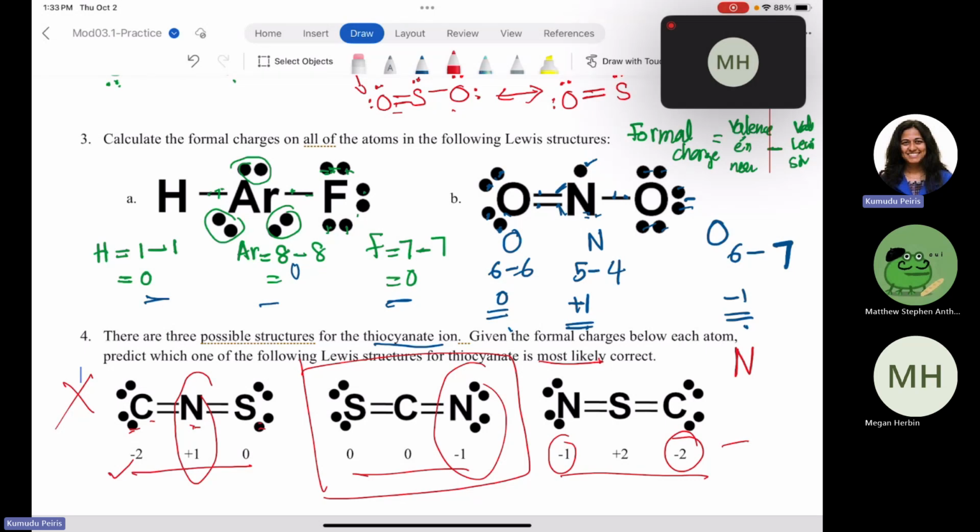That's wrong. But look at the structure we have chosen. The formal charge for sulfur is zero, the formal charge for the carbon is zero, but the most electronegative nitrogen only has minus 1. So those are the two reasons we use to choose the correct Lewis structure when we are given more than one Lewis structure.